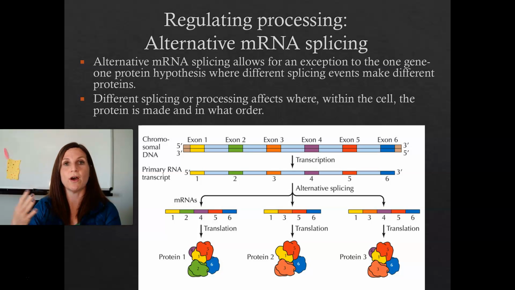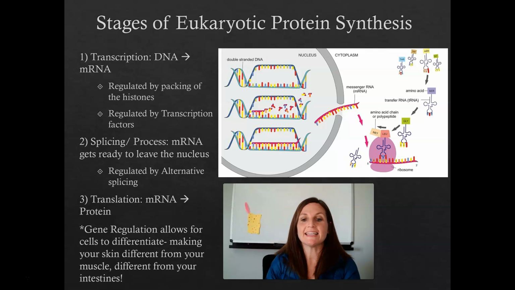We can control it with our DNA methylation, our histone acetylation, and now with alternative splicing, all ways that we can control which gene products are being made. So taking a second to just look back at where we've come from, we have managed to talk about transcription, where we change our DNA into mRNA.